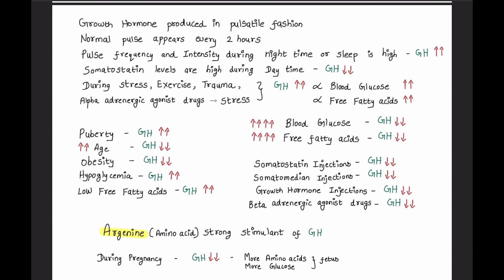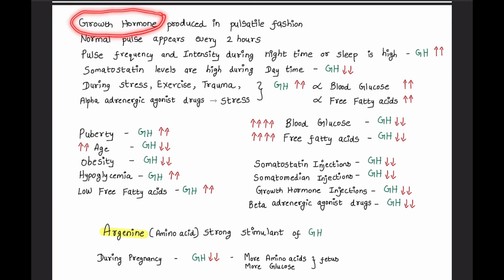Now we will see about the pulsatile fashion of growth hormone production. Growth hormone is produced in pulsatile fashion. I have mentioned this earlier in this lecture many times. A normal pulse appears every 2 hours, and whenever the pulse appears, the growth hormone is also released.